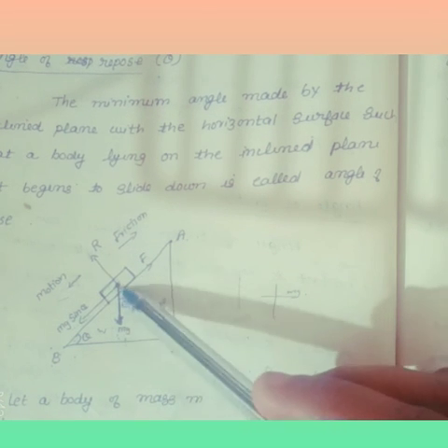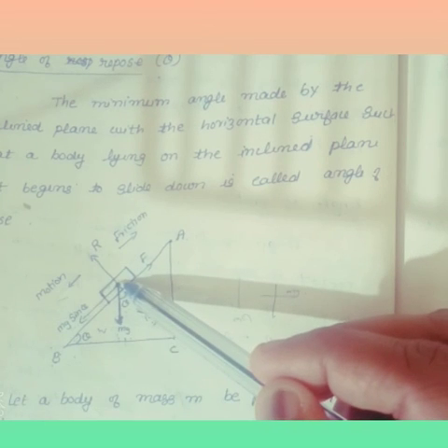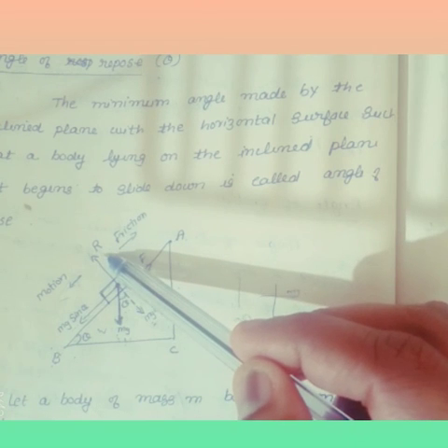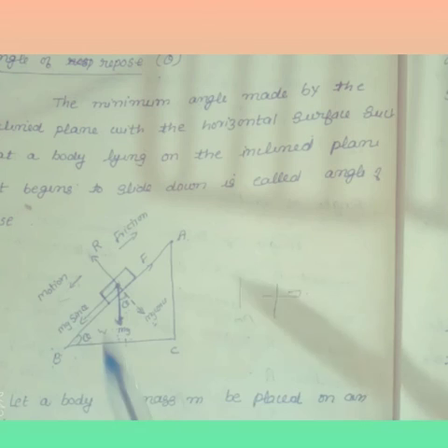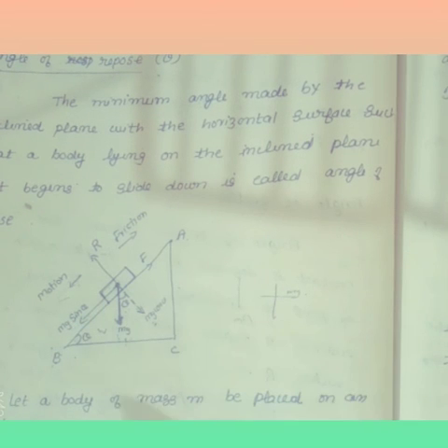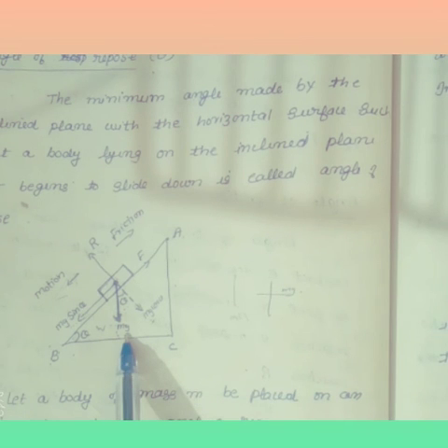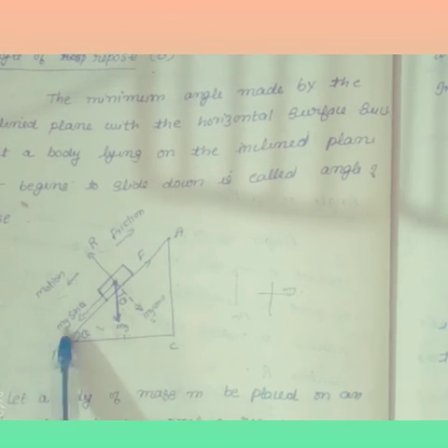Next, the normal reaction R acting perpendicular to the plane. Then the force of friction acting opposite to the direction of motion. Then mg can be resolved into two rectangular components, mg sin theta and mg cos theta.